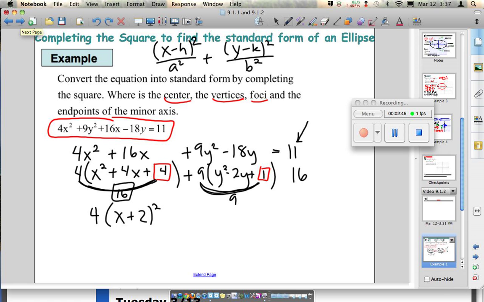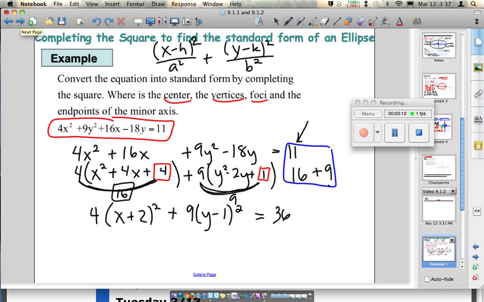There's actually 9 more units on the left, so I need to add on 9 on the right. So altogether on the right, I have 11, 16, and 9. That balances out with the stuff on the left. And I have a completed square for y as 9 times y minus 1 squared, equals all this stuff in the blue box. It looks like it equals 36.